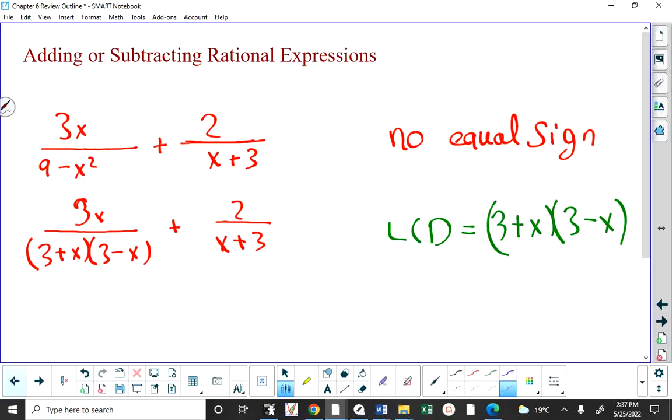Let's start with the left screen, which if you're watching this on video is what you can see. What do we do with that common denominator? I got lots of time.